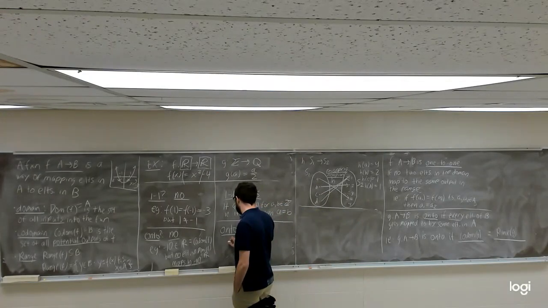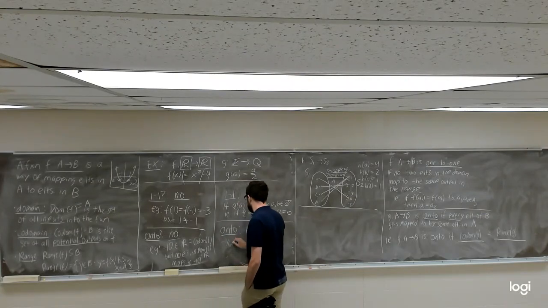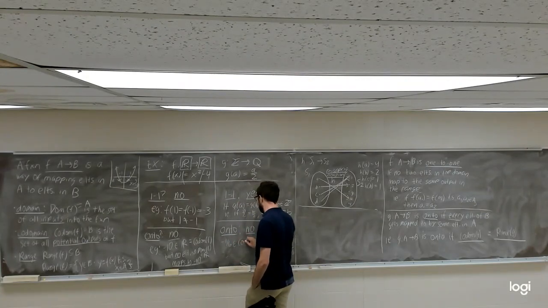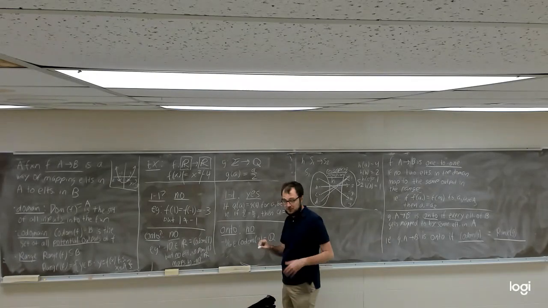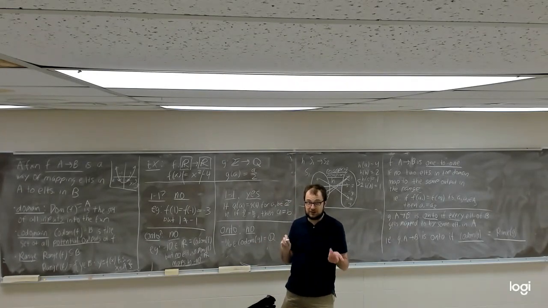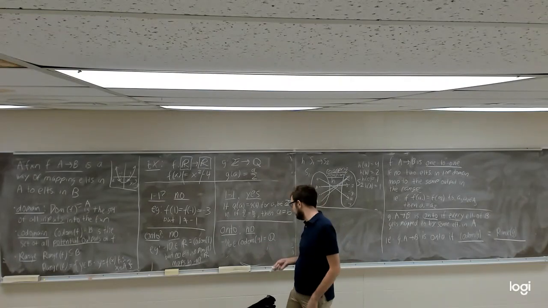So, for instance, we could say -1/6. -1/6 is certainly in the codomain of g, which is the set of all rational numbers. -1/6 is a ratio of integers, and -1/6 is rational.